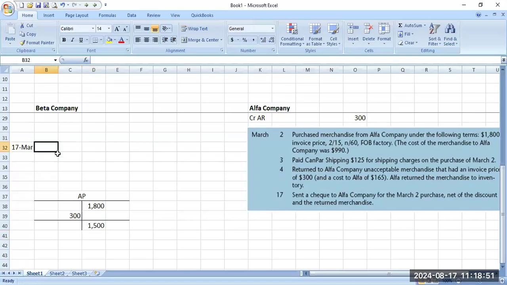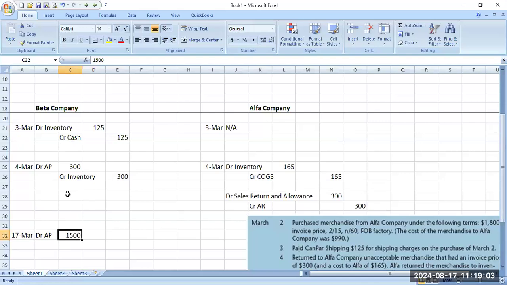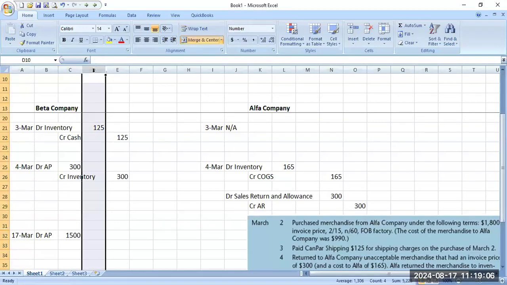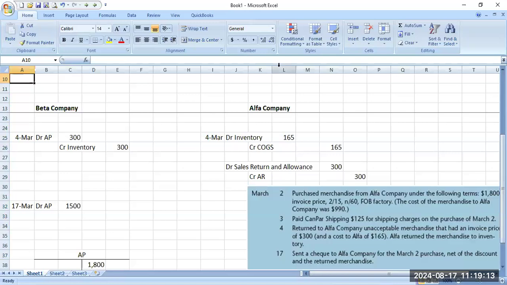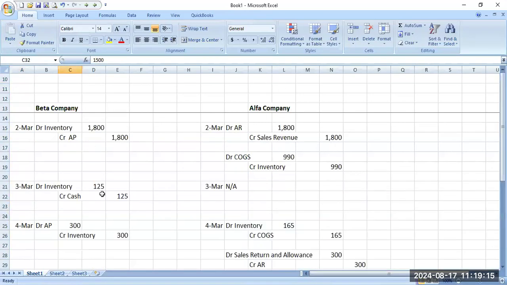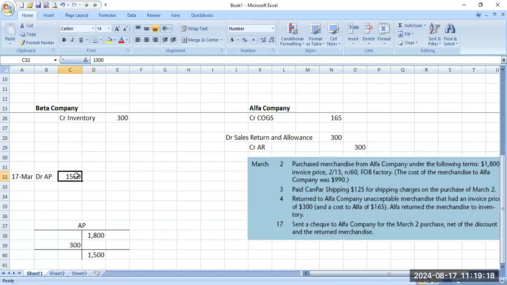So first we debit accounts payable for $1,500.